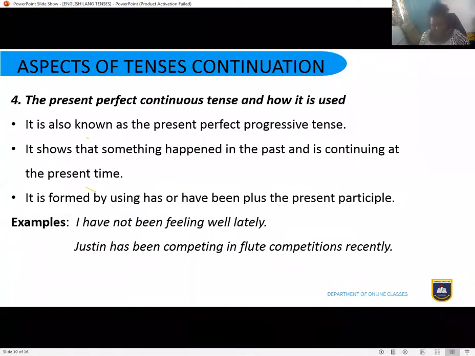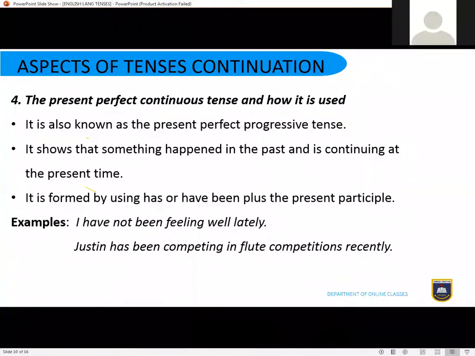The explanation we gave for this was that in the past, I have not been well, and now I am still sick. So it means that the action has taken place in the past and it is continuing in the present time. Is it clear, Dennis?